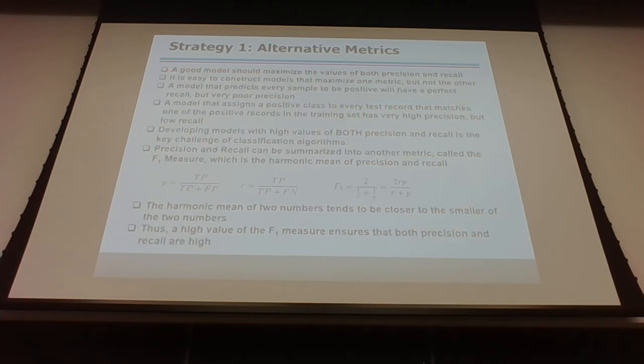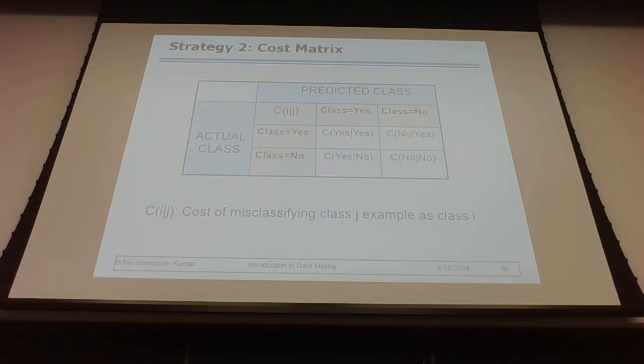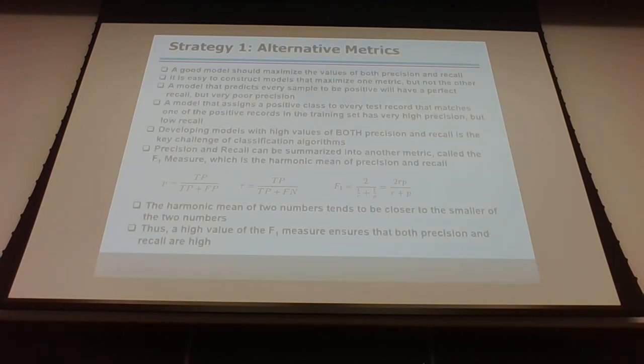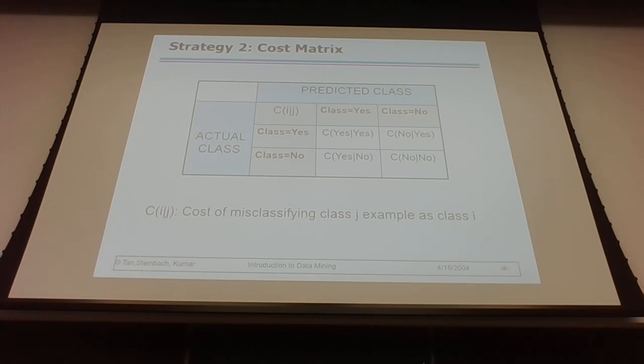And then you have the F1 score. F1 score is a combination of precision and recall, and that's how you combine them. It's just the geometric mean of precision and recall. That is the F1 score. So these are different metrics that are used to evaluate a model. And then you can have cost metrics.